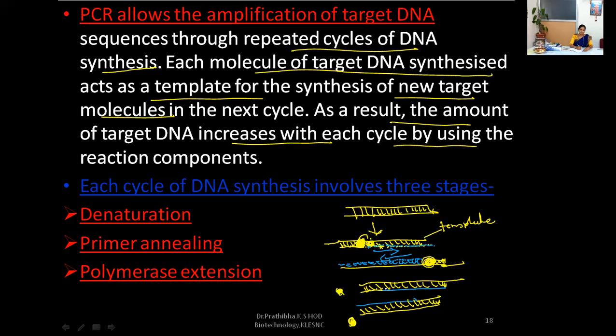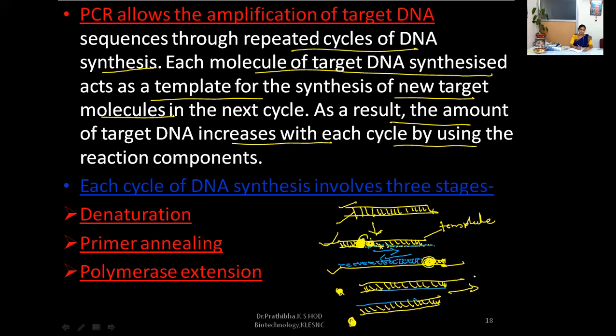Okay, this will detach. So now from the two strands of DNA, this is template and this is template. We had only the two strands. From the two strands in this reaction mixture, we got the new strand. Next, what happens here?